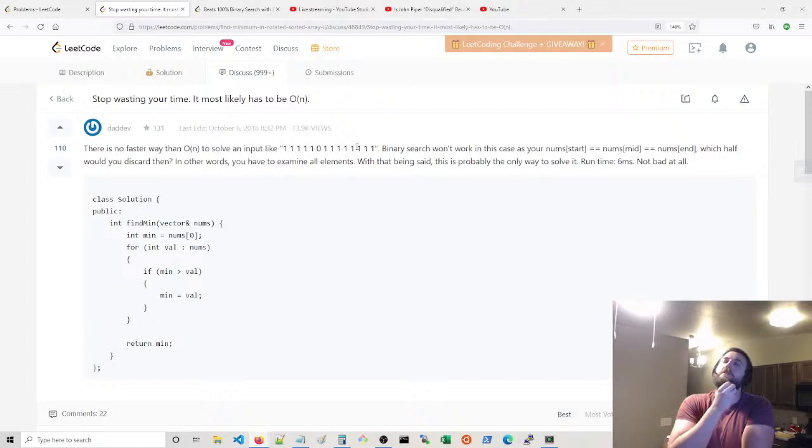I'm wrong about that. I think you do need to do some kind of binary search. If you just take the middle of the two, if it's larger than the left side, then it's still on the left sequence. If it's smaller than the left side, that means it's on the right sequence. If it's on the right sequence, you go down.